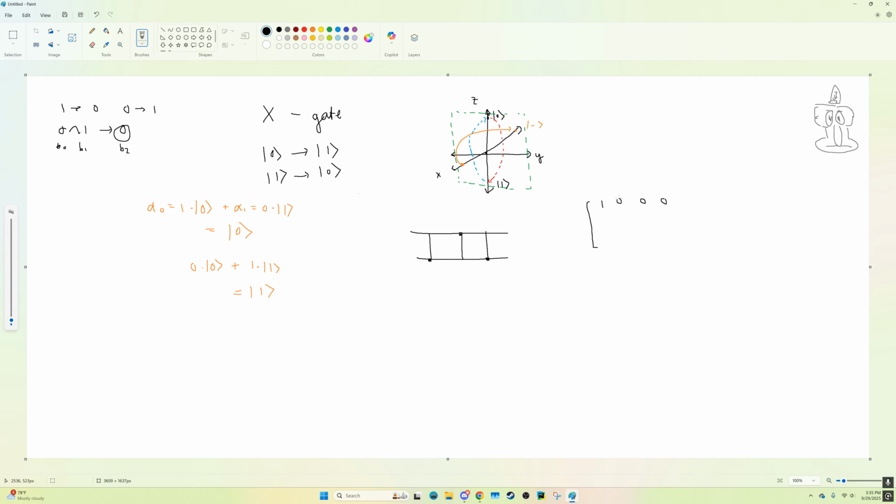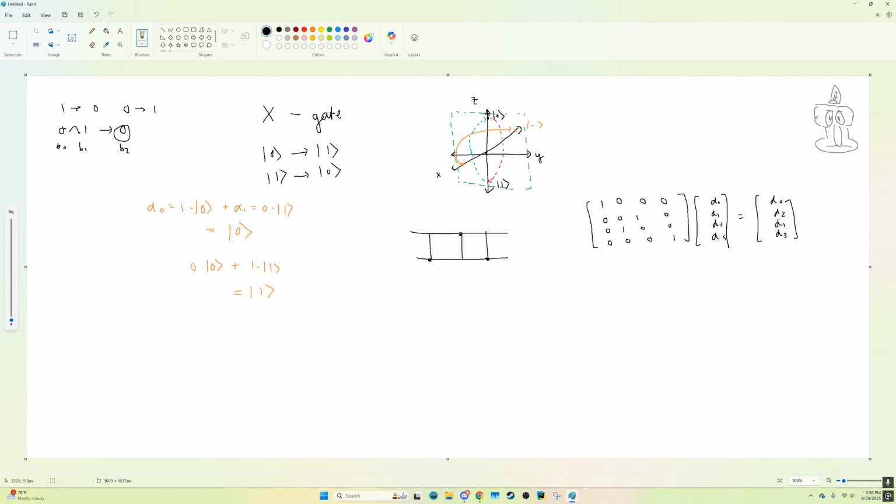I would do the math myself. So 1 0 0 0, 0 0 1 0, 0 1 0 0, 0 0 0 1. If you multiply by alpha 0, alpha 1, alpha 2, alpha 3, you're going to get alpha 0, alpha 2, alpha 1, alpha 3.